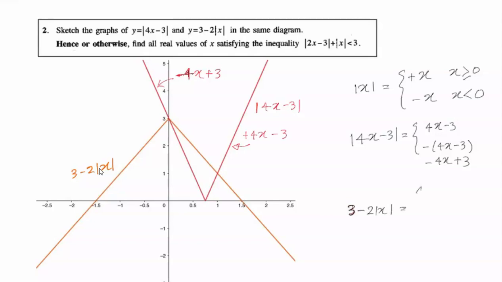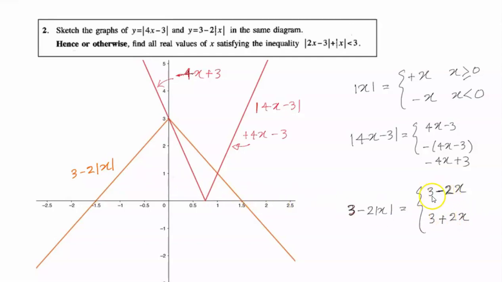This is going to have 3 minus 2 times negative x and positive x. So if I first consider the positive part, I'm going to get just x, so 3 minus 2x. And when I consider the negative part for x, then it's going to make this one positive, so I'm going to get 3 plus 2x.